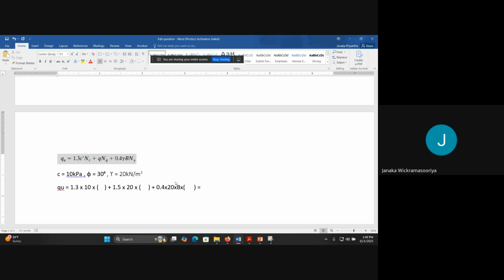So please find these NC, NQ, N gamma values and put them here. Then you will be able to find this Q ultimate in terms of B, right? Quickly.